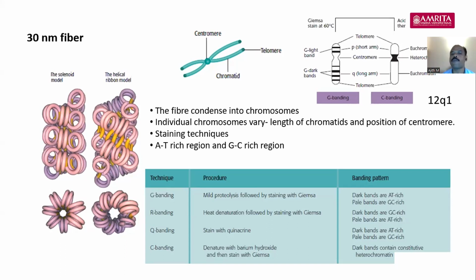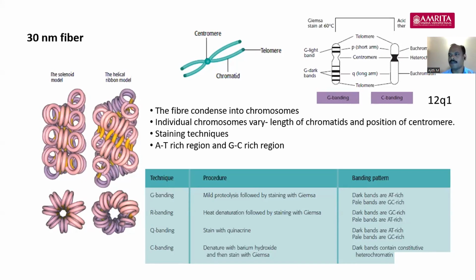The individual chromosomes, of course, vary in the level of condensation. Their sizes also vary because the length of DNA that goes into the making of the chromosome also varies. This pattern of condensation, as I mentioned before, produces the heterochromatin and the euchromatin.